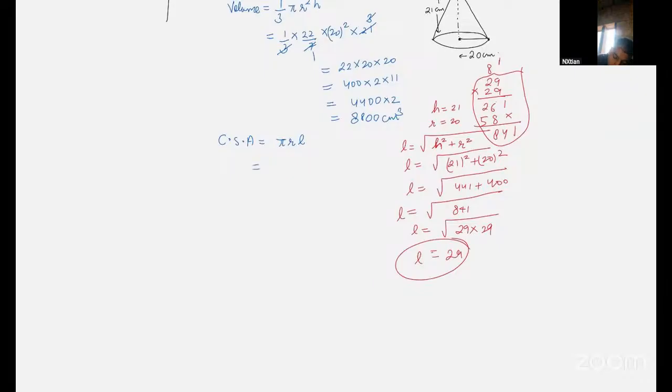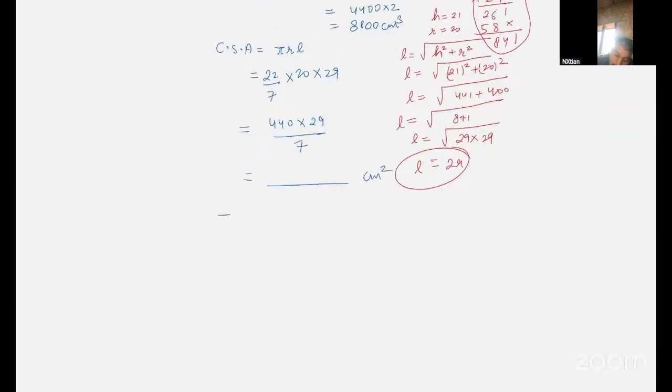Pi is 22 by 7, radius is 20, L is 29. So 22 into 20 is 440 into 29 by 7. You have to solve it and write the final answer.